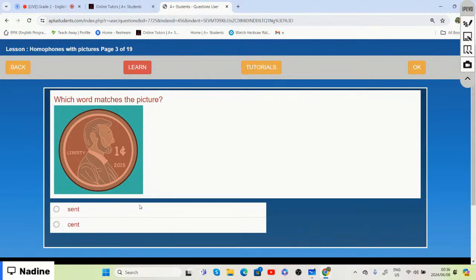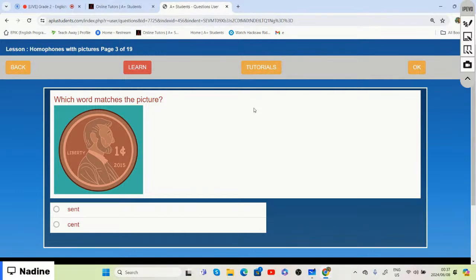If we look at the second one, right? All right.